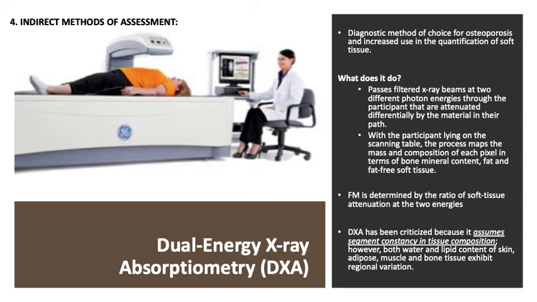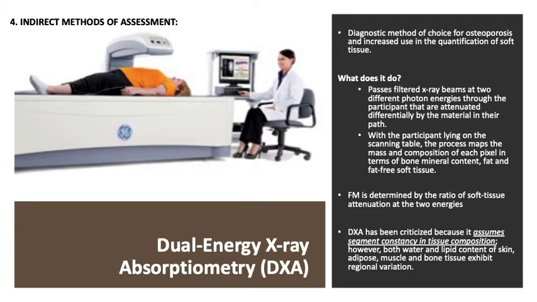Well, it essentially passes filtered X-ray beams, so it is an X-ray machine, at two different photon energies through the participant that are attenuated differentially by the material in their path. So whether it's fat mass or lean mass, the photon beams will behave differently through each tissue.